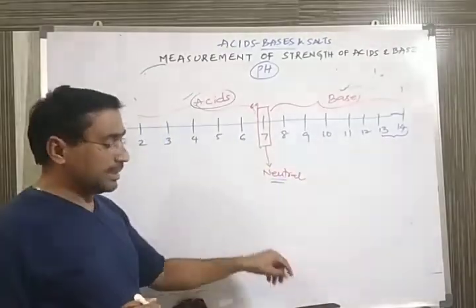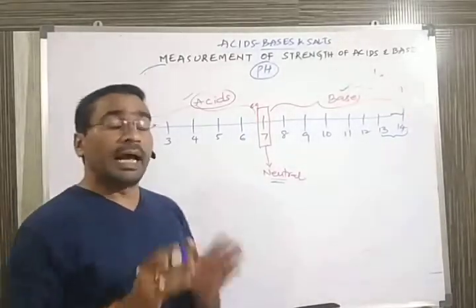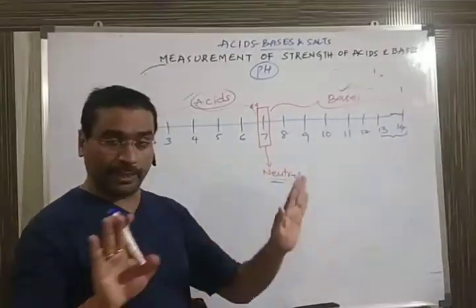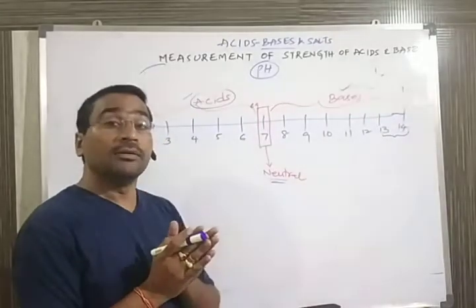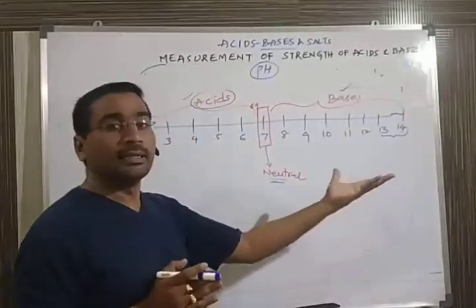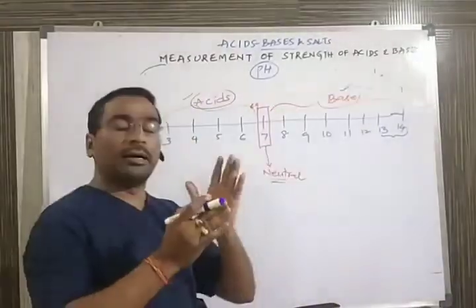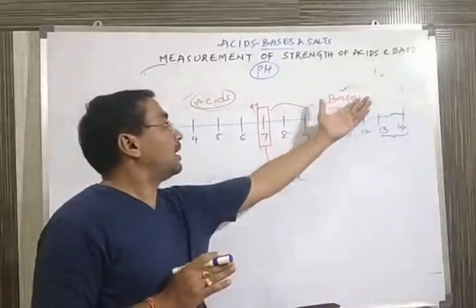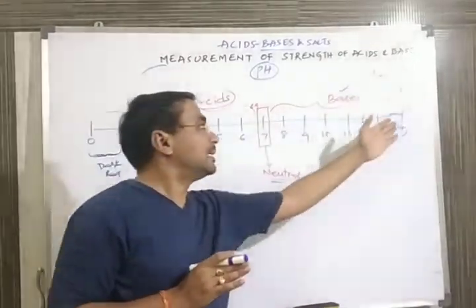Now the question comes: I want to say acid, base, neutral, okay, but I want to find which is a stronger acid, which is a weak acid, and which is a stronger base, which is a weak base.